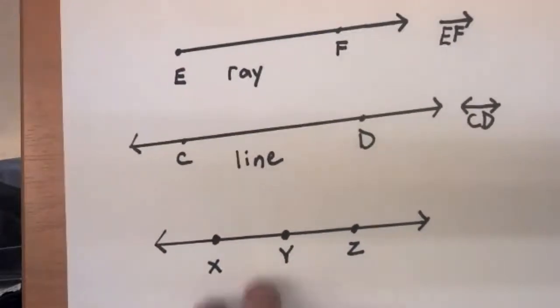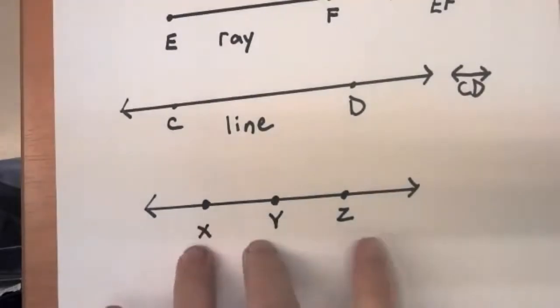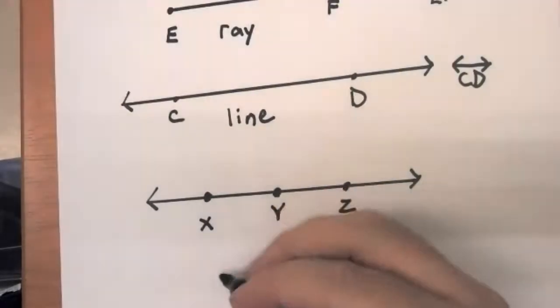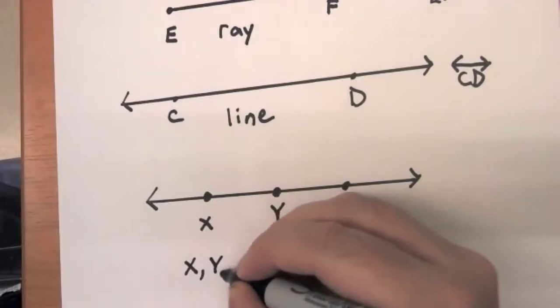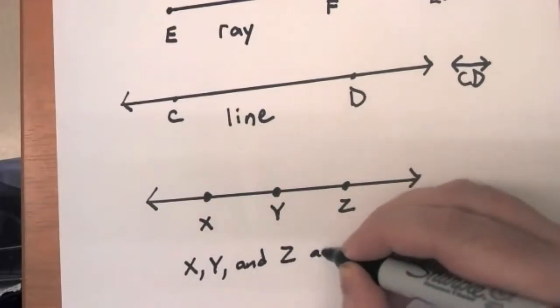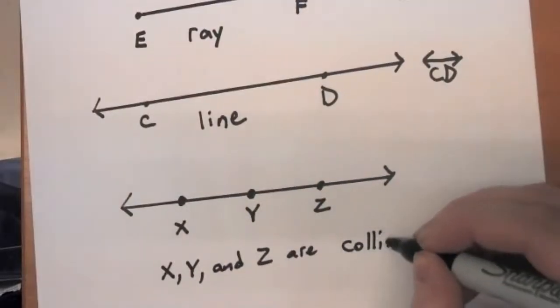I want to be able to say that. Not any 3 points on a plane are on the same line. So this is a special thing talking about X, Y, and Z. And to make that clear, what I'm going to say is that X, Y, and Z are collinear.